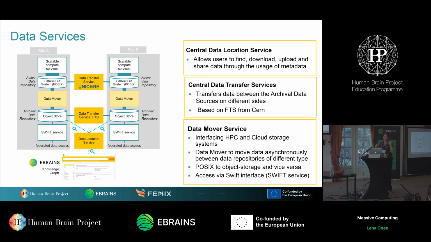The idea of the data location service, which is not completely developed yet, is that you can use a knowledge graph, and the data can be stored somewhere, and you can locate your data where it's stored, and then you can get tools and other workflows to upload it. Then we have the central data transfer service: we have two different sites, and both have the object storage.